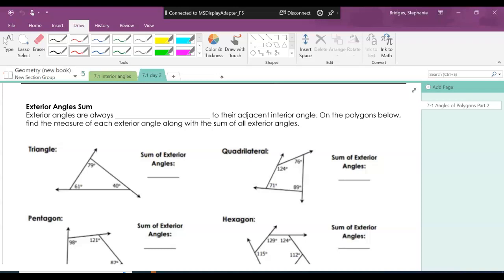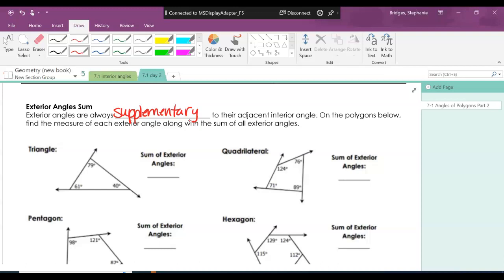The first word we are going to fill in is always: supplementary to their adjacent interior angles. So what I mean by that is if we have a figure, this one is which one?